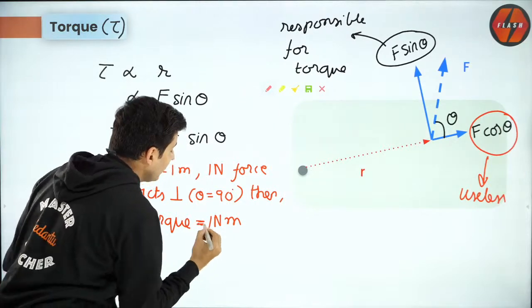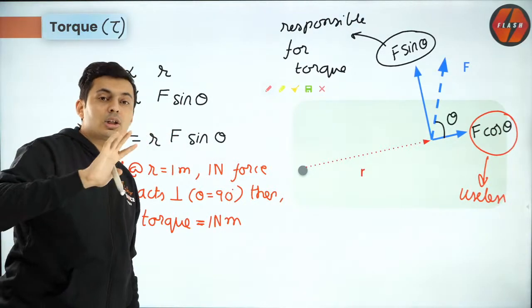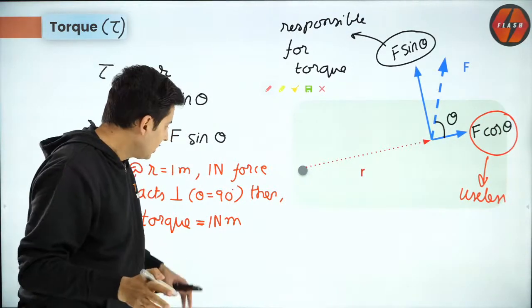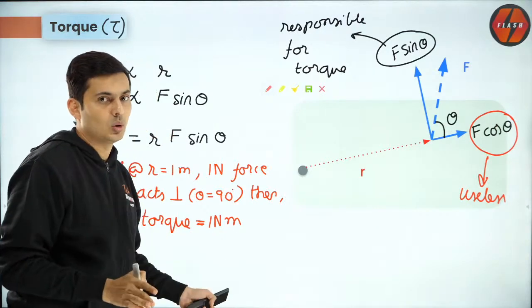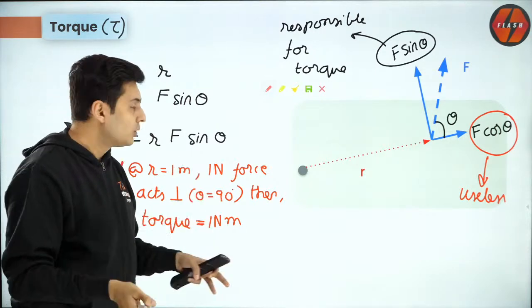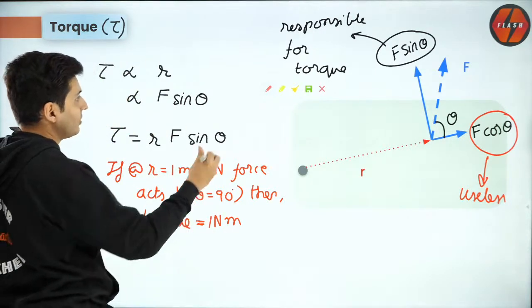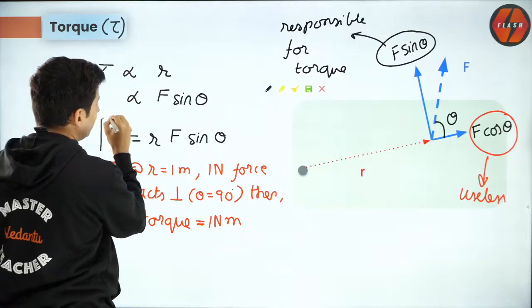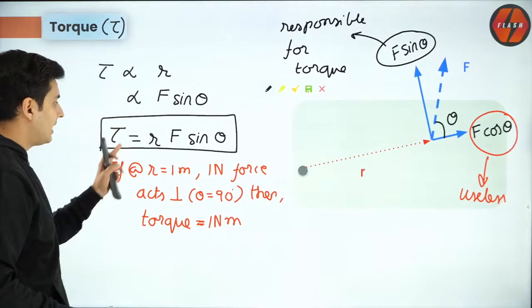So just like work has a unit of joule, torque's unit is not joule, it is Newton meter, it is not called joule. Understand? Although dimensionally they are the same, they are not used interchangeably. So this is the magnitude of the torque and it is R F sine theta.